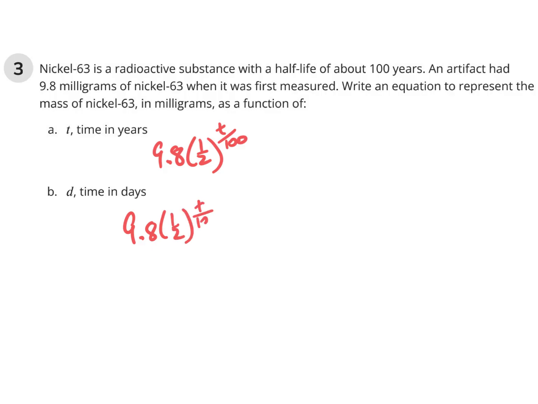T over 100 times 1 year is 365 days, giving us 9.8 times 1/2 to the T over 365, and put 2 zeros at the end because we're multiplying by 100. So this is our exponent, T over 36,500 for days.